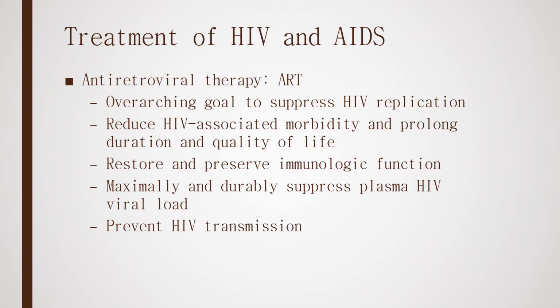So far, there has been some genetic research that maybe they can genetically change the DNA or RNA of the virus. It hasn't started yet, and there is some stem cell treatment, but what is used overall for treatment now is ART, or antiretroviral therapy.